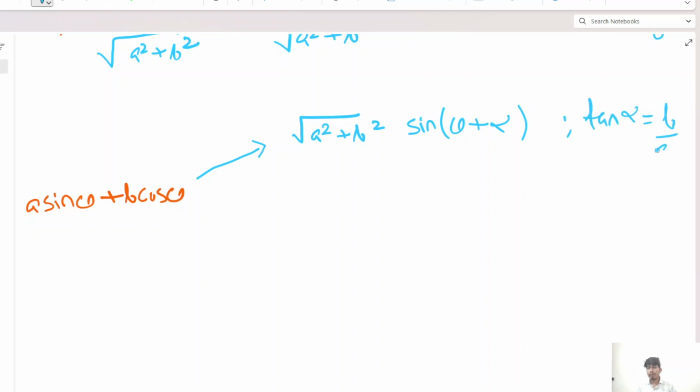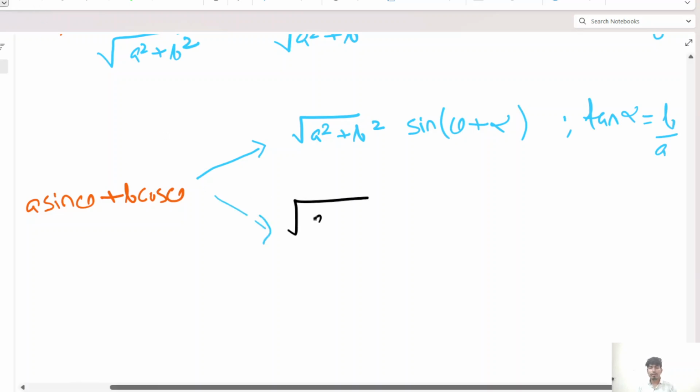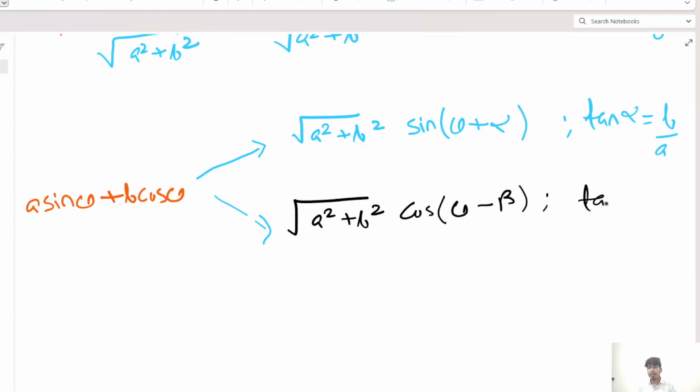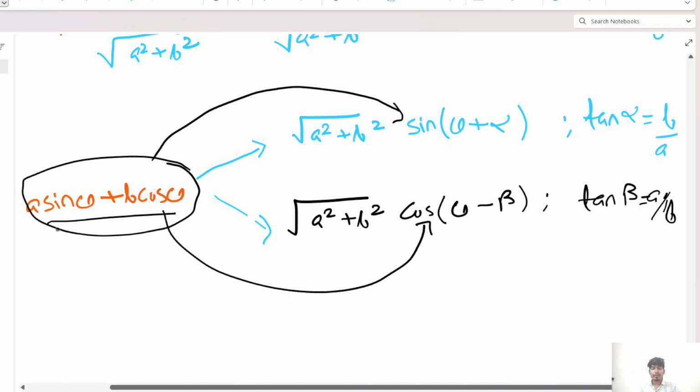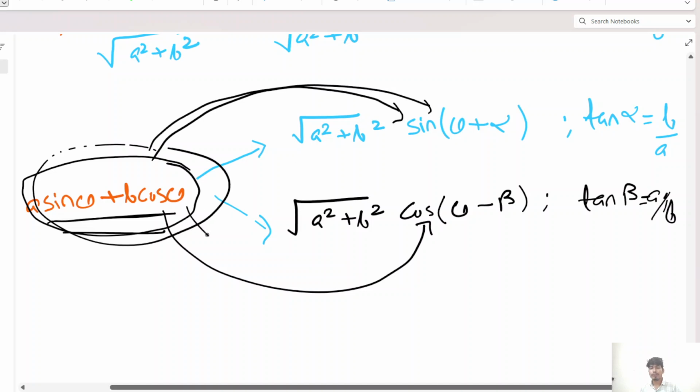And the second representation is under the root of a square plus b square times cos of theta minus beta, where tangent beta is a upon b. The point to notice is that the original is in both sin theta and cos theta, but this one is only sine and this one is only cos.